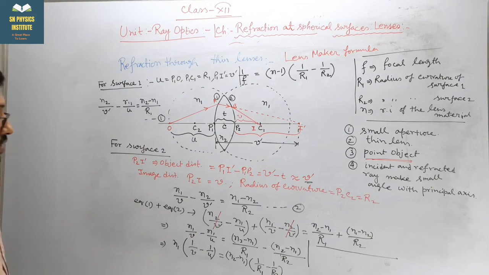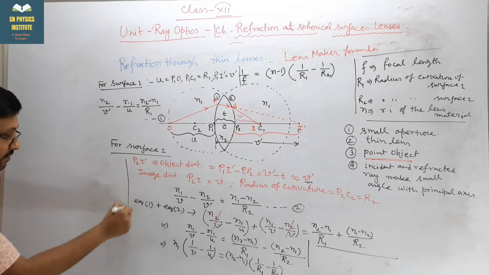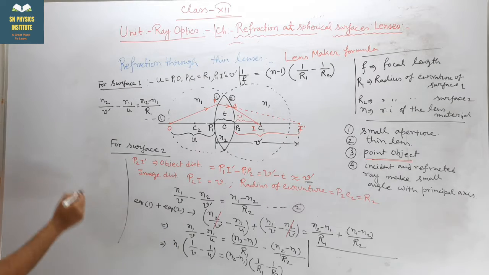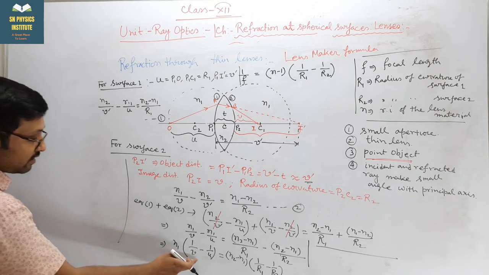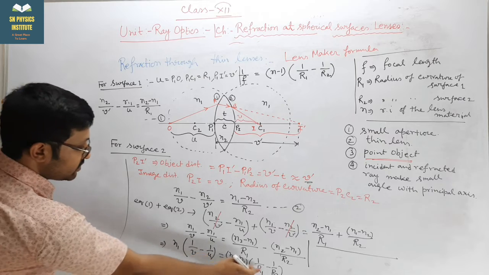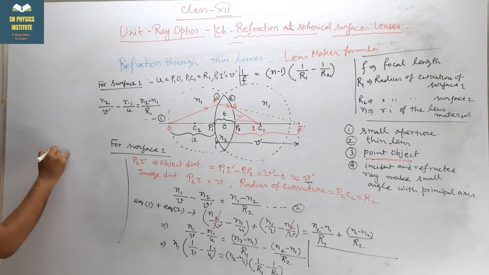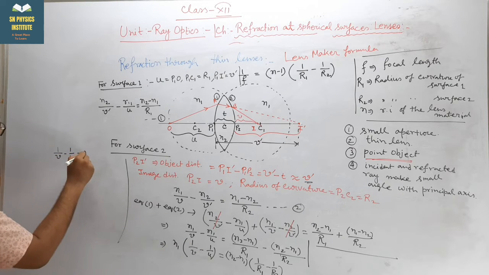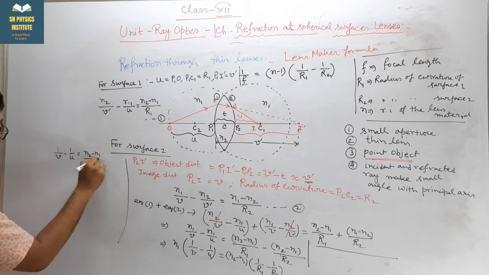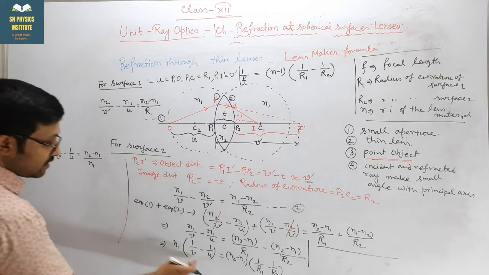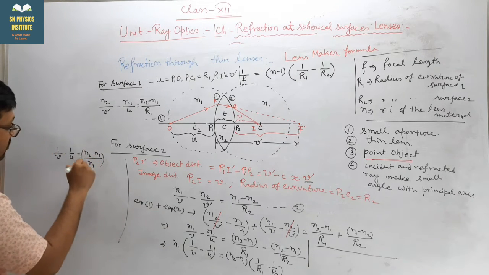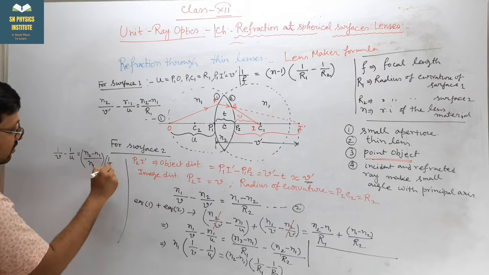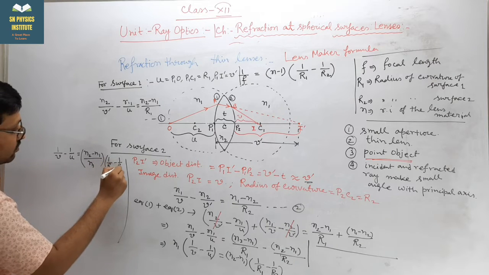From here what you are getting, I am writing this equation here. n1 into 1 by v minus 1 by u is equal to this one, right? So 1 by v minus 1 by u is equal to n2 minus n1 by n1 into 1 by r1 minus 1 by r2.